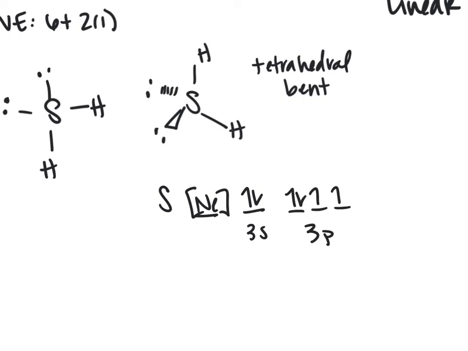So in this case, we need to mix these together. So we're going to mix all of these together. The reason we can't just use these 2 p orbitals is because they would be 90 degrees apart, and we know that this angle is much less than 109, on the order of 105, which is not 90 degrees, even though 90 degrees is much less than 109.